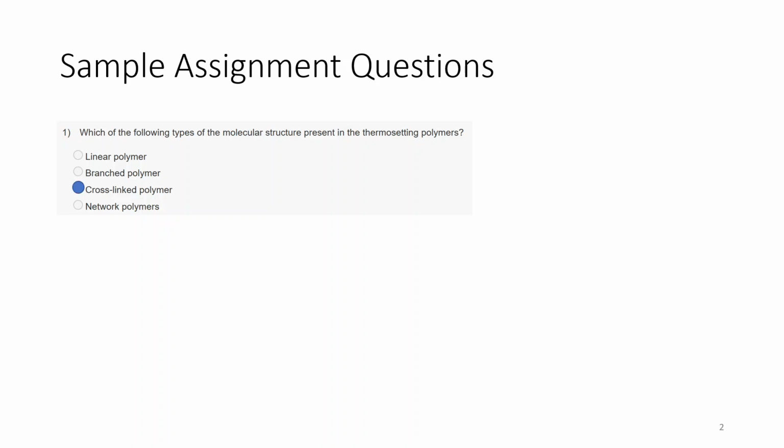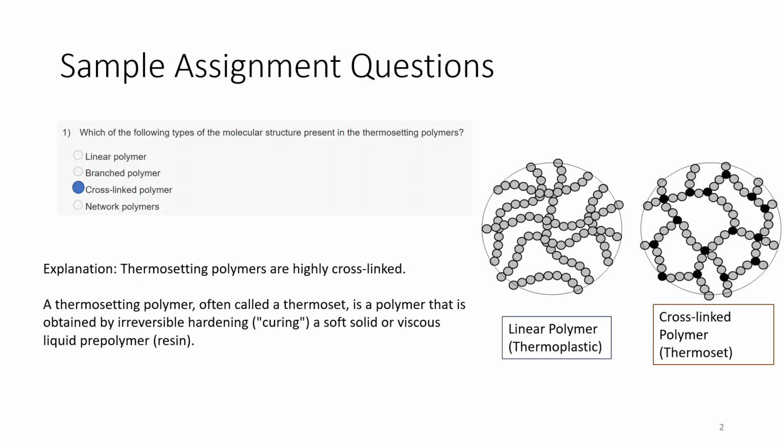In case of thermosetting polymers, they are highly cross-linked, which means they can be made into some shape only once, and after reheating them again they won't be taking another shape. They directly burn. So that's why these are the thermosetting polymers which are highly cross-linked polymers.